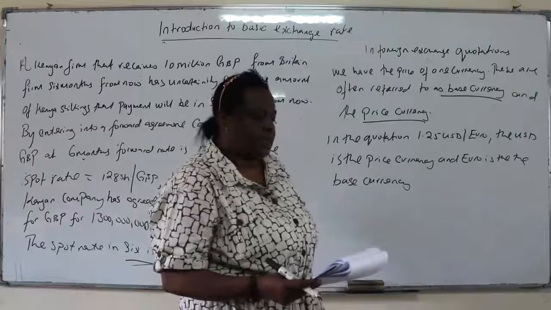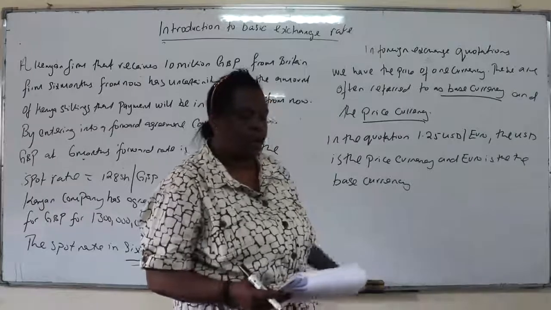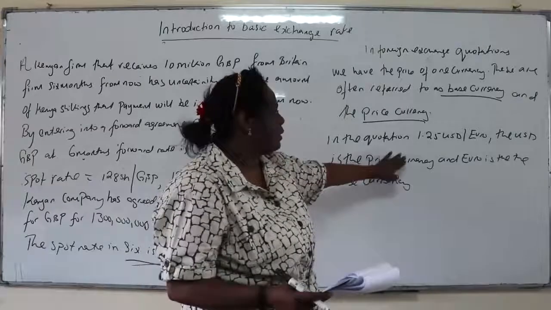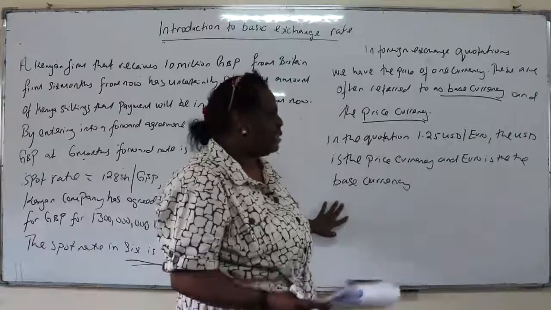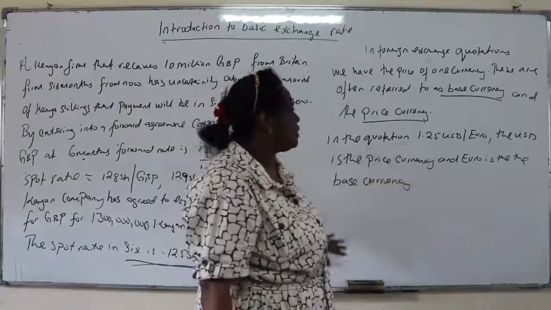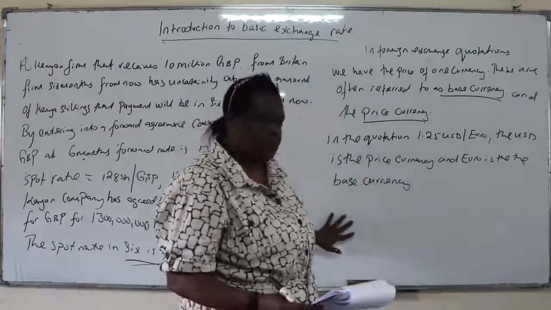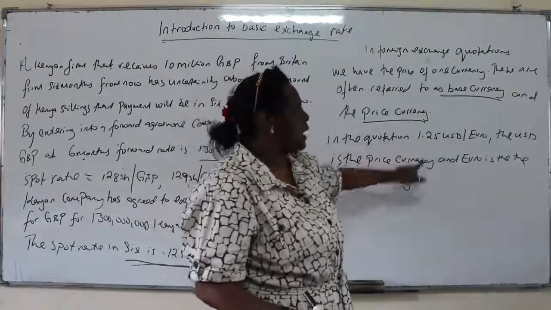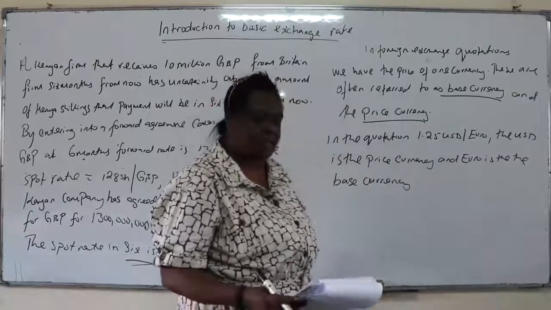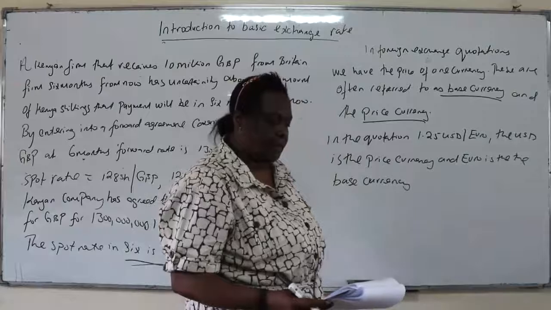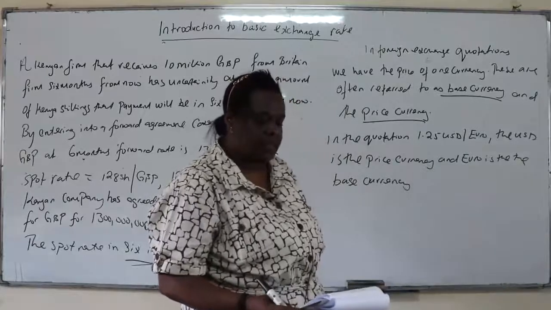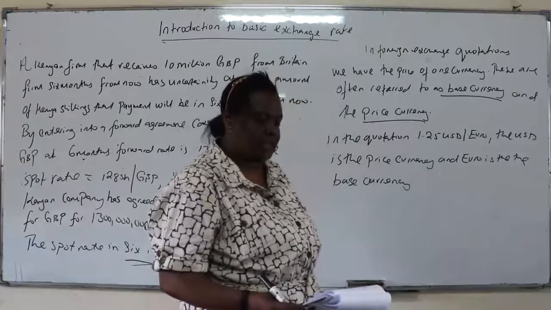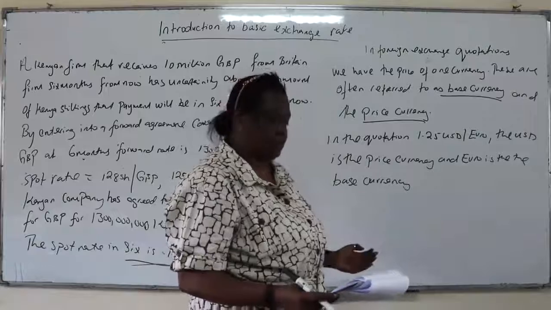So the price of 1 euro, that is the base currency, is 1.25 US dollars. That is the price currency of 1 unit of the base currency in terms of the other.